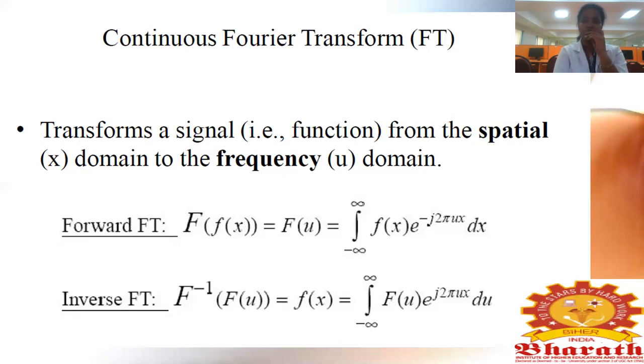The forward transformation converts the image from spatial domain to frequency domain, and the inverse Fourier transform converts the signal from frequency domain to spatial domain. These two equations together, the forward transform function and the inverse transform function, you call a transformation pair.